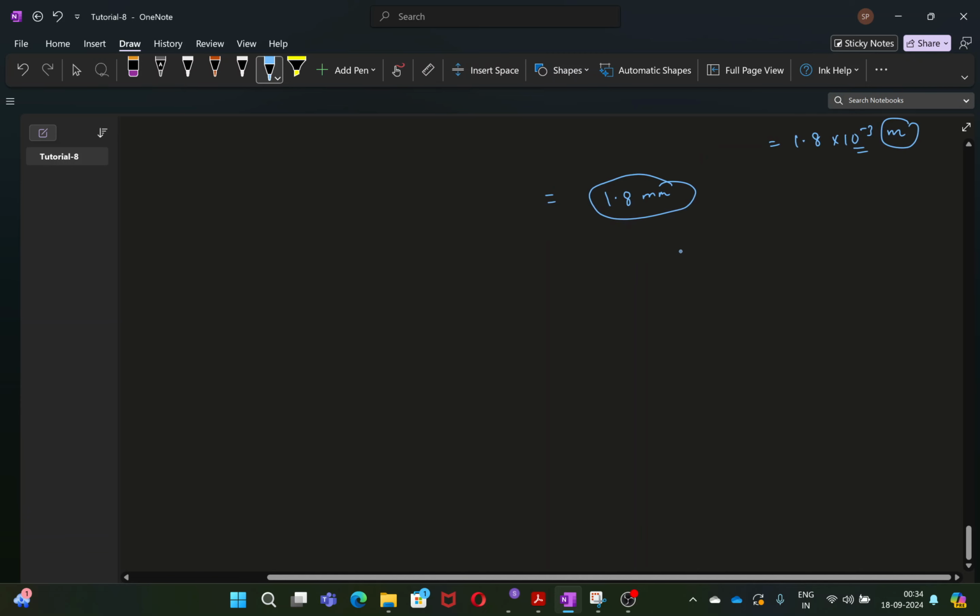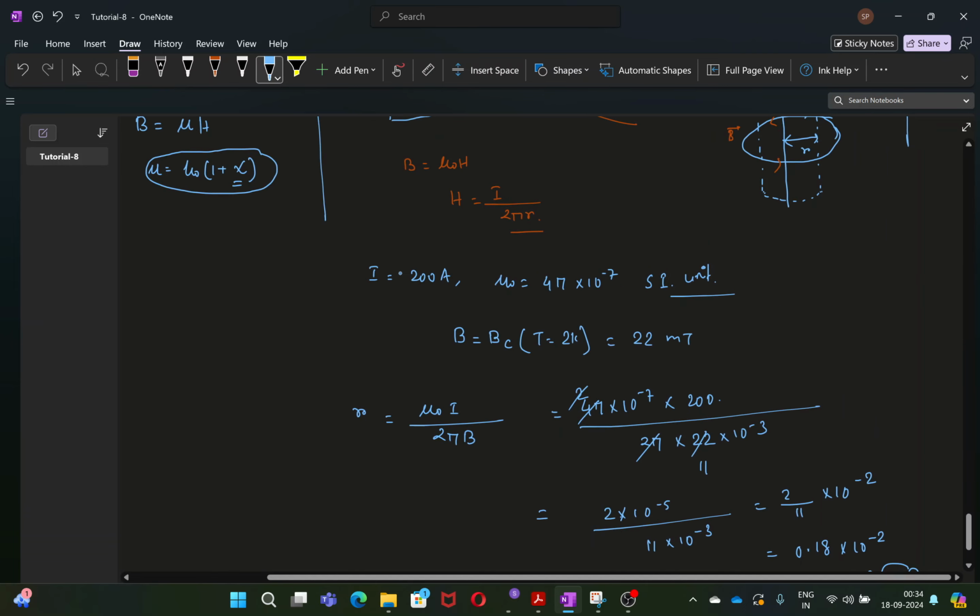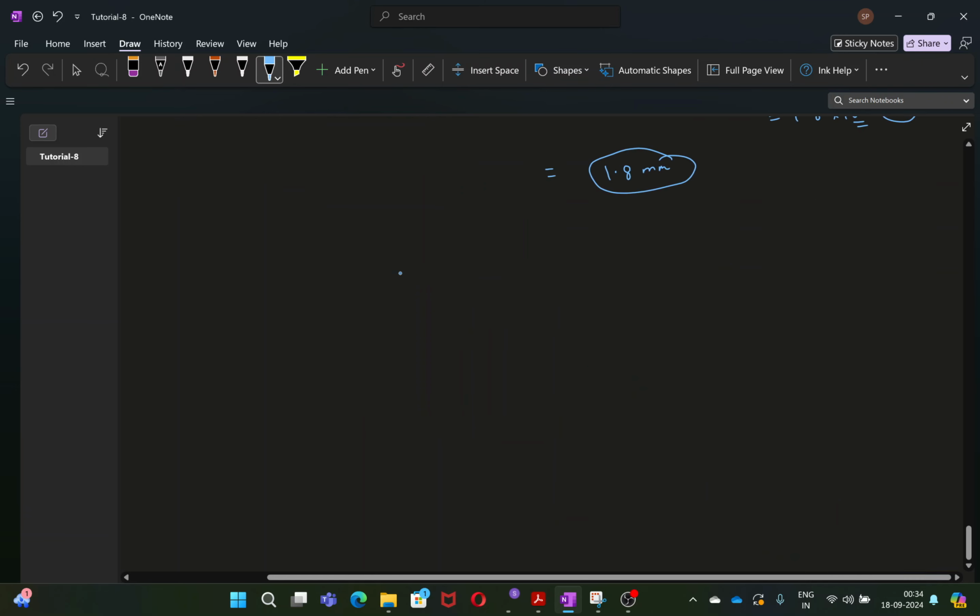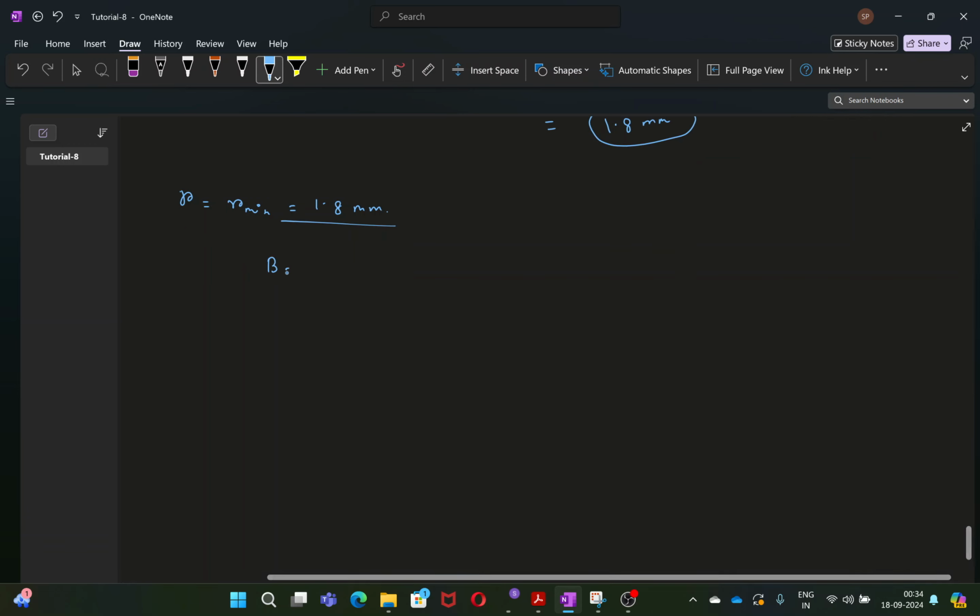Basically, why I am saying that this is the minimum value of the radius that is required for this current flow? The trick is in the concept that we have chosen the field to be the critical field, or B is chosen to be the BC at 2 Kelvin, right? That means if r equals r minimum, the minimum value required for this current flow, 1.8 millimeter, then your B becomes mu naught I by 2 pi r minimum, where I equals specifically 200 ampere.